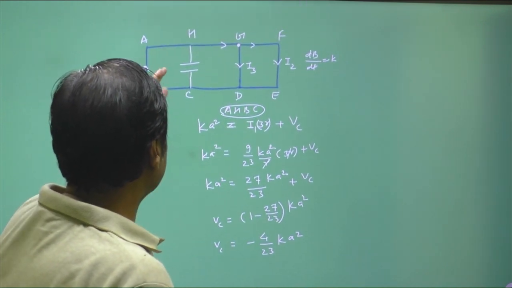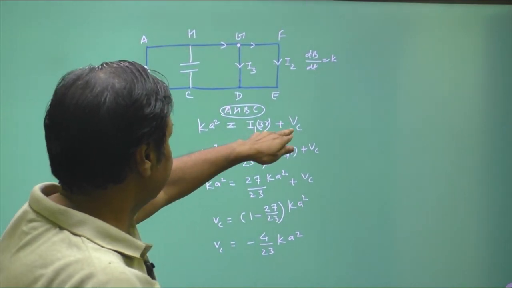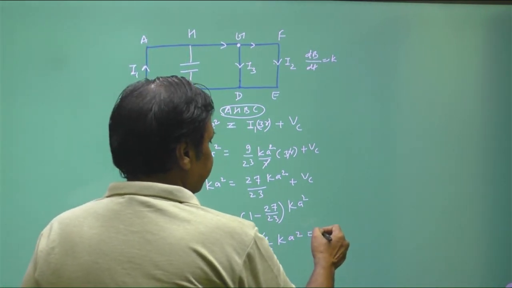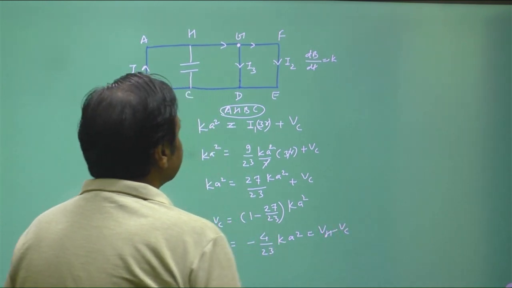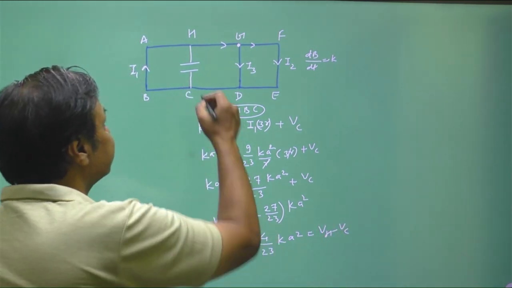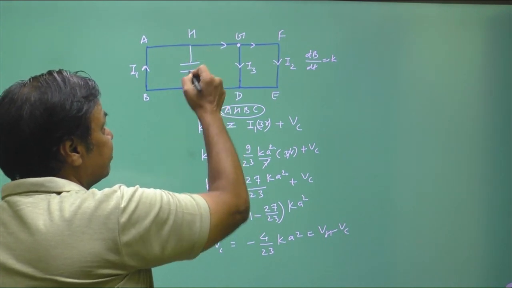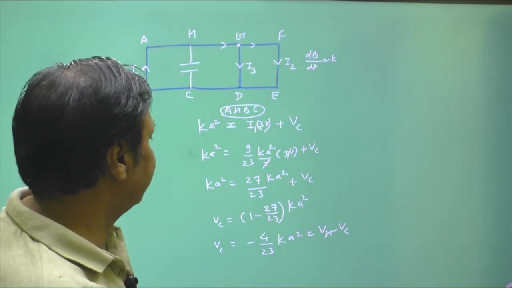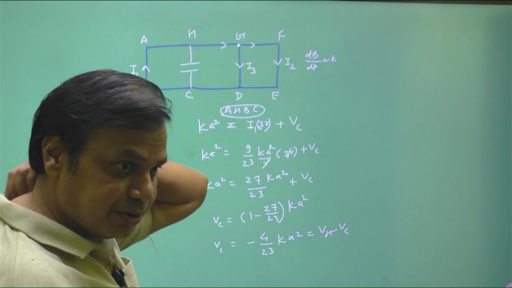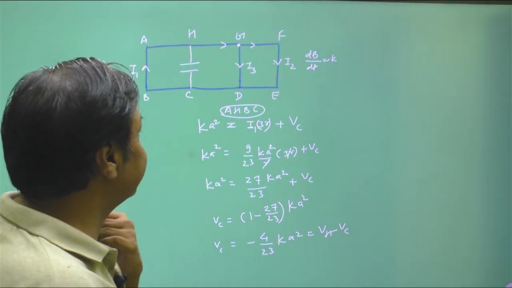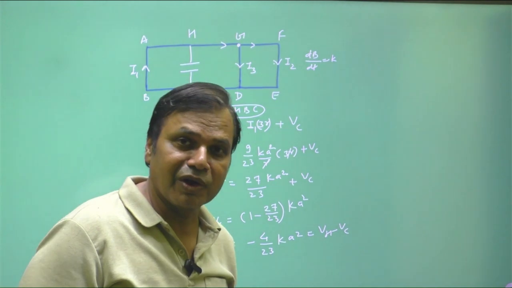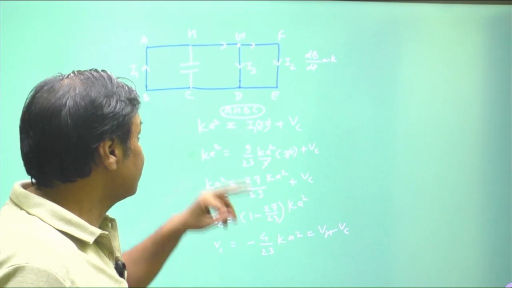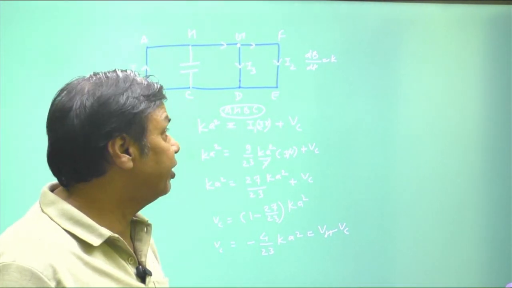I have written it like Vc, that means this Vc is basically Vh minus Vc, and it's negative. That means the upper end is negative and the lower end is positive, because Vh minus Vc is negative, that means Vh is less than Vc. So I have found the polarities as well.